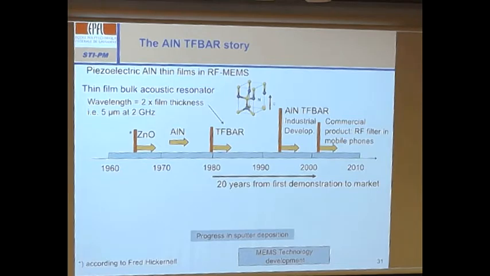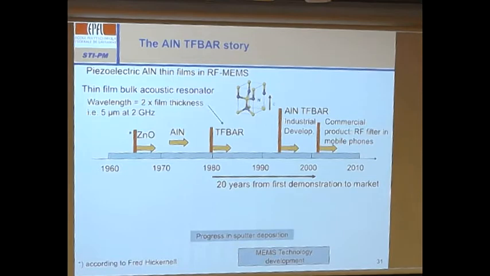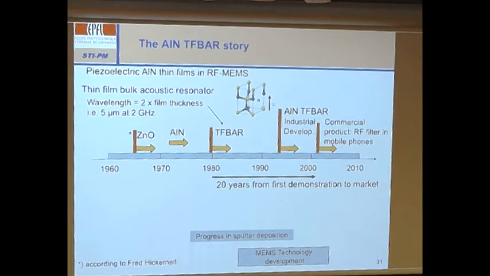So Lakin made special filters, let's say at 5.3 gigahertz or 2.7 gigahertz or something like that. Nobody else could do that. And then also one of his pupils, Rich Ruby, was working for HP, a secret industry development. I didn't know that they were working on that until 2000, and then they said, well, we have a product. And then they came out with a radio frequency filter, this duplex filter I was showing.